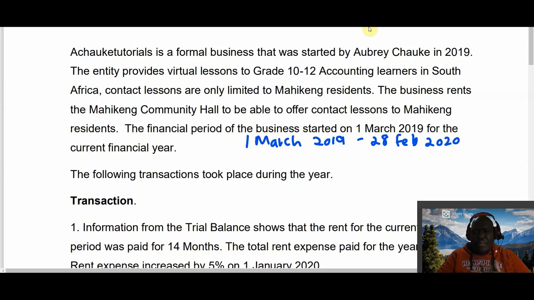So since we are dealing with how to treat the rent expense payment, we already know that we are dealing with a transaction that applies to the Mahikeng Community Hall, because remember, this is where HRK Tutorials is hosting their lessons, and as a result of that, they have to pay rent.